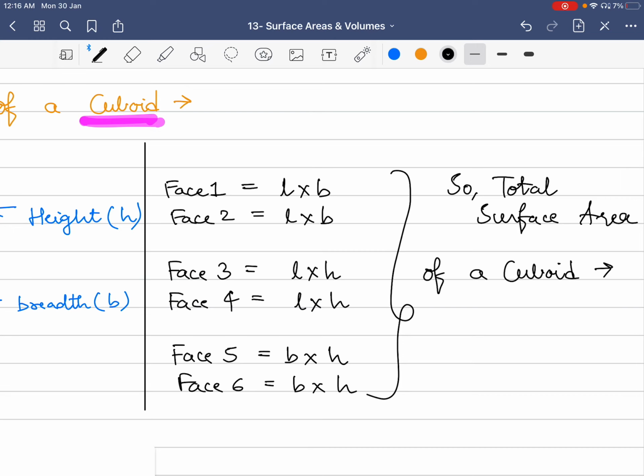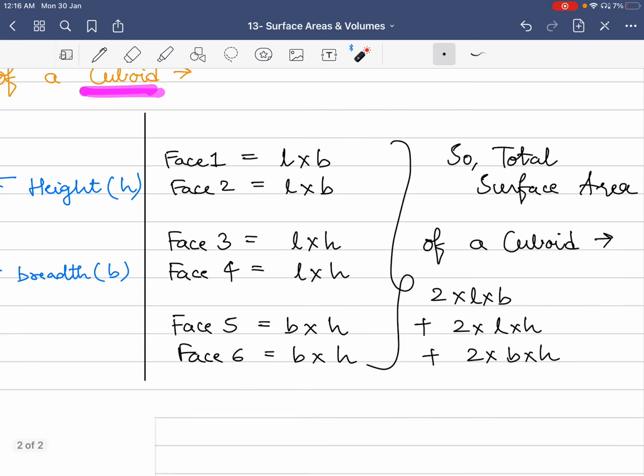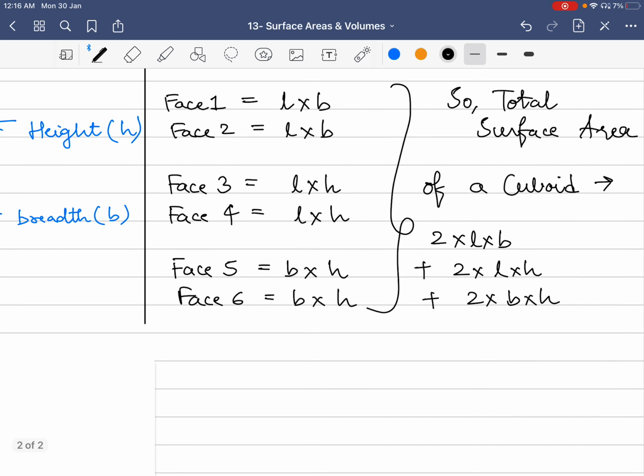So that is in fact going to be 2 times length into breadth, plus 2 times length into height, plus 2 times breadth into height. Just to make it look a bit better, this is equal to 2 times a bracket, length into breadth plus length into height plus breadth into height.